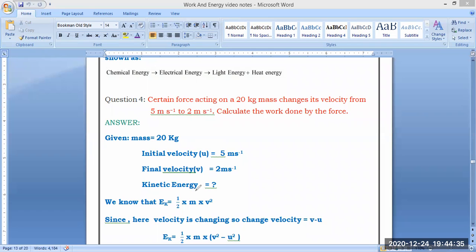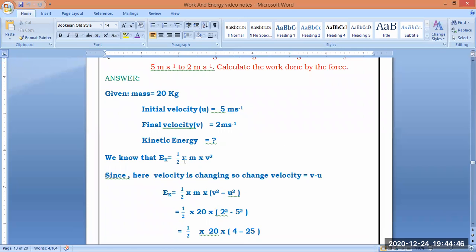Why have we taken kinetic energy here? Because the object is in motion. Whenever the object is in motion, it is considered as kinetic energy. So we know the formula for kinetic energy, that is kinetic energy is equal to half mass into velocity square. But here the velocity is changing, so we have to take the change in velocity.